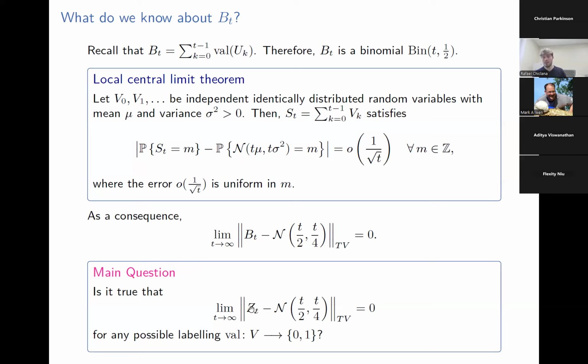Now, how are we going to study the limiting behavior of CT? We will follow the same idea. We will prove a local central limit theorem for this random variable. And then we will use that this random variable is concentrated, so we can add all the errors and we will get the convergence.